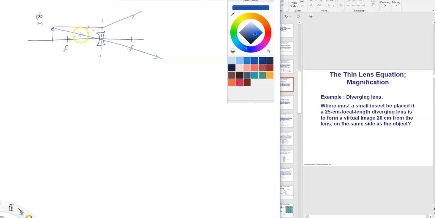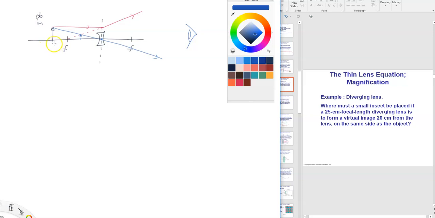So where they meet over here is your image. Focal length is 25, image has to be 20, so it has to be inside, and this is usually how it happens. It appears inside. So our diagram kind of looks right.